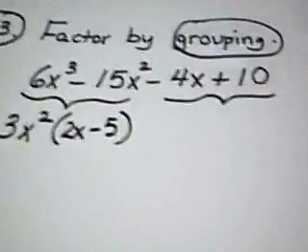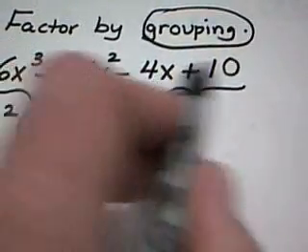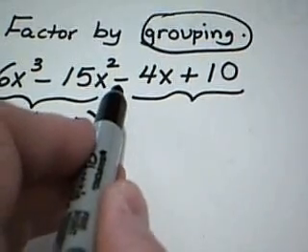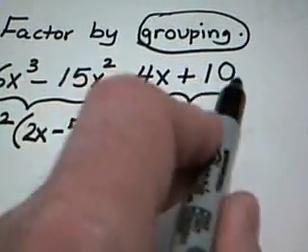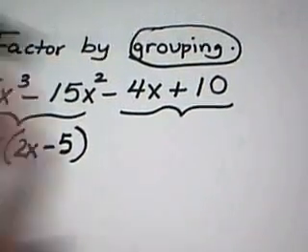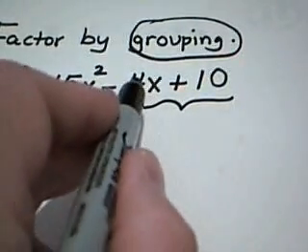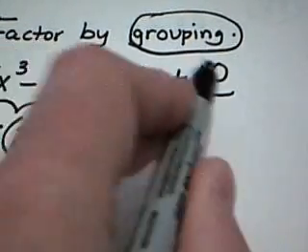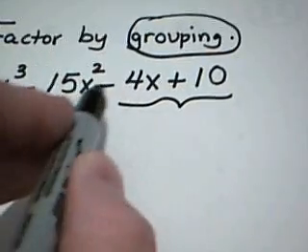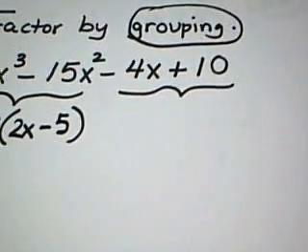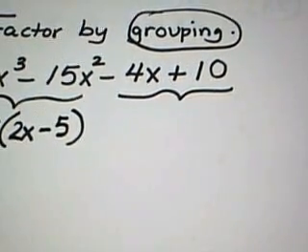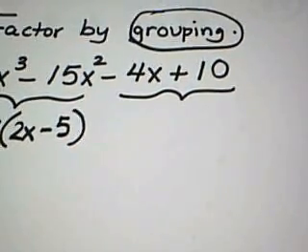Now, when I look at the next grouping, we have the opposite of 4x plus 10. What we're going to do here, the largest number that pulls out of here would be a 2, and because this is a minus sign, it's in our best interest to take negative 2 as the GCF.